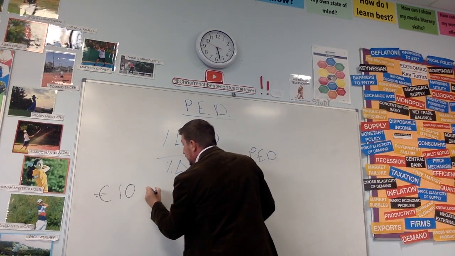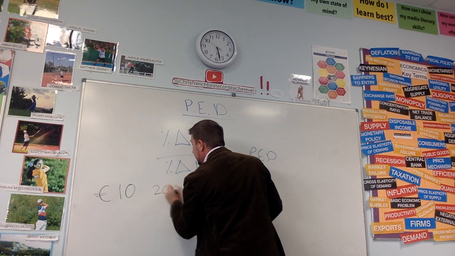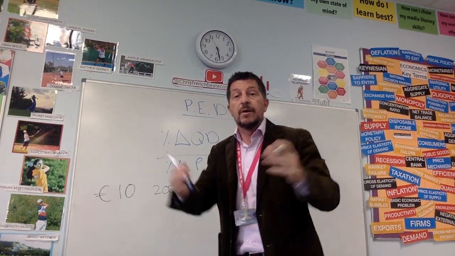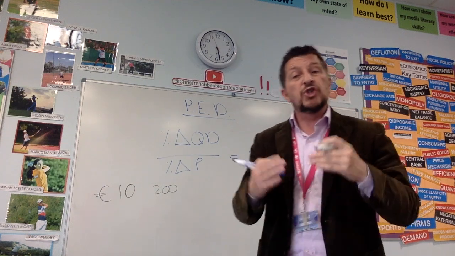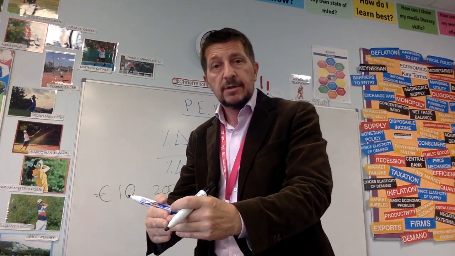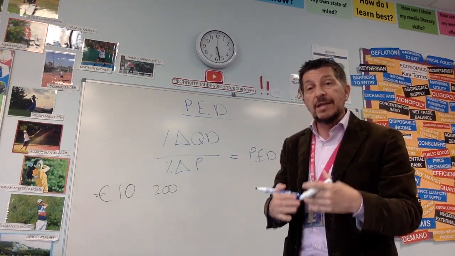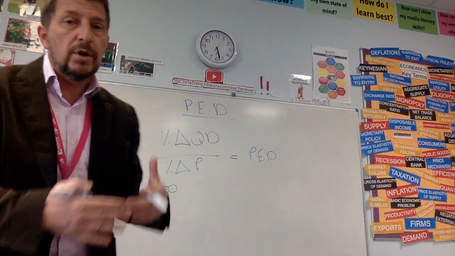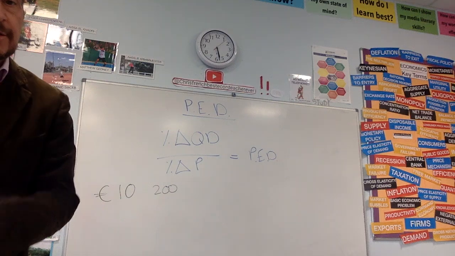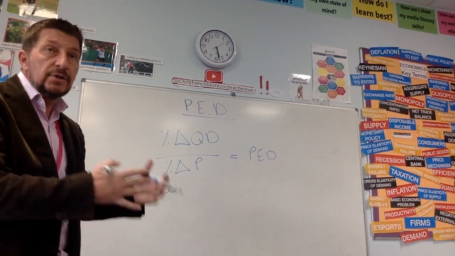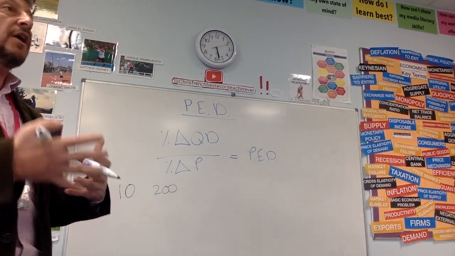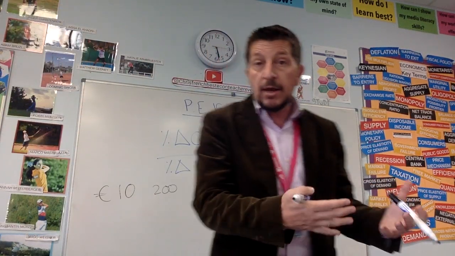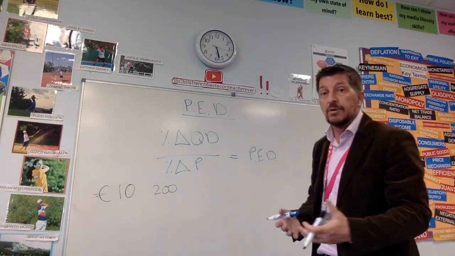Now, what we're going to do is change the price, and that will lead to a change in the number of consumers. Then we're going to see what the percentage change in consumers has been in regards to the percentage change in price. Are they proportionate? Is the change in price bigger or smaller than the change in the number of consumers?